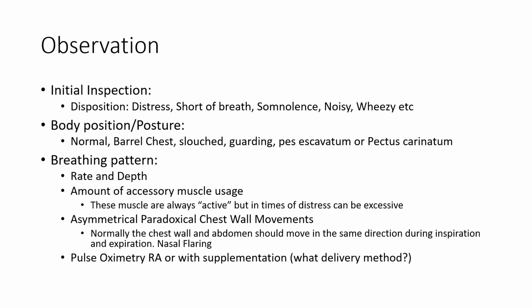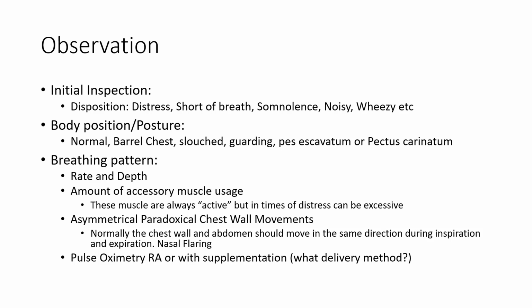So these are your scalenes, your sternocleidomastoids, even your pec minor. You'll see those maybe even hypertrophied in someone who has a chronic issue, like in COPD. But that's, again, another clue, right? Are they having to use other muscles to get even more volume in? That's typically not a normal thing.